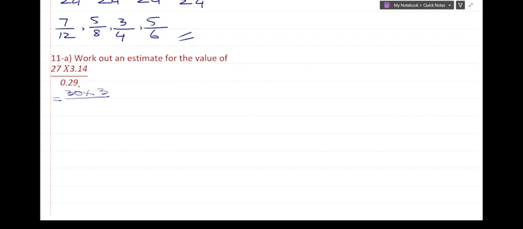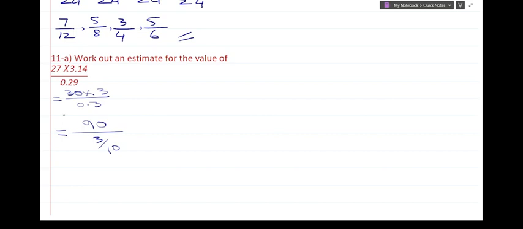Here is 0.29. 9 is greater than 5, so this adds up to the next digit 2 and it will become 0.3. 30 times 3 is 90. If you want to remove the decimal point, 0.3 can be 3 by 10, because if you remove the decimal point and there's only one digit after it, we divide by 10. 1 with 1 0.